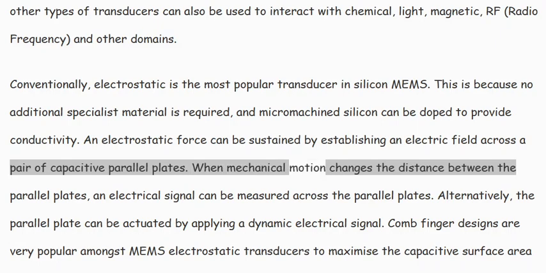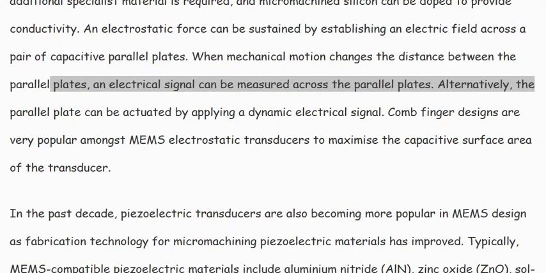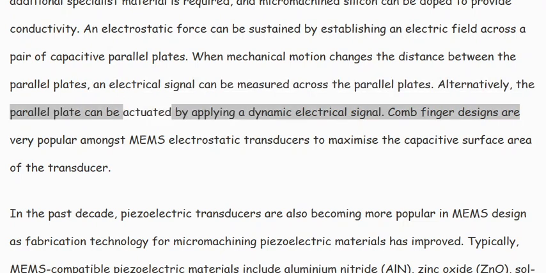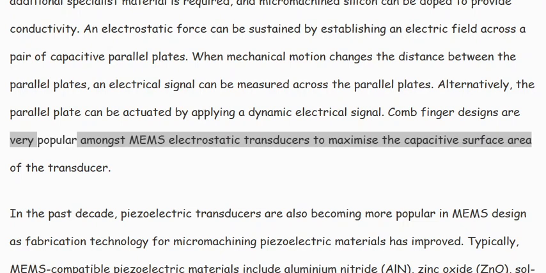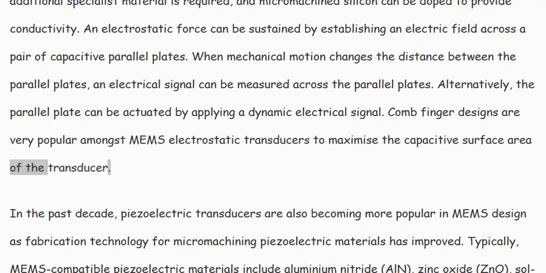When mechanical motion changes the distance between the parallel plates, an electrical signal can be measured across the parallel plates. Alternatively, the parallel plate can be actuated by applying a dynamic electrical signal. Comb finger designs are very popular amongst MEMS electrostatic transducers to maximize the capacitive surface area of the transducer.